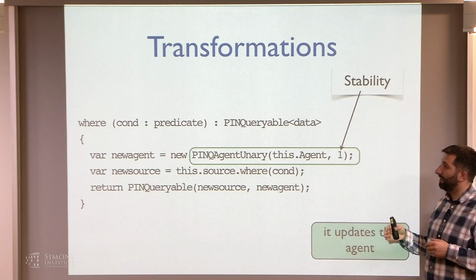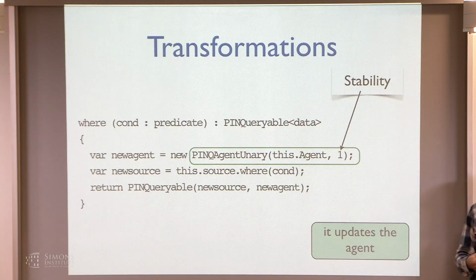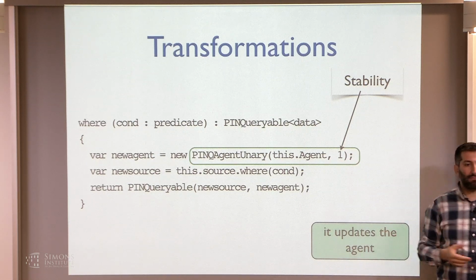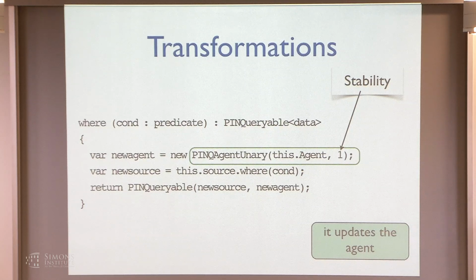In this case, we have a where operation, which is a filtering operation. So we can assume that if I have an individual in the original data, I will still either have this individual or this will be filtered out. So the influence that each individual has remains almost the same. The upper bound we can give is 1, because the influence is at most 1.